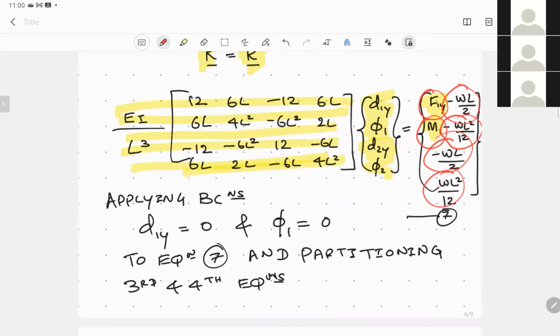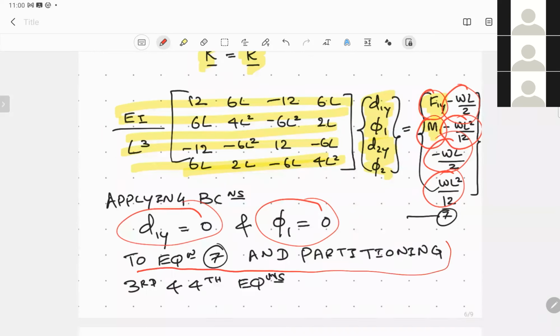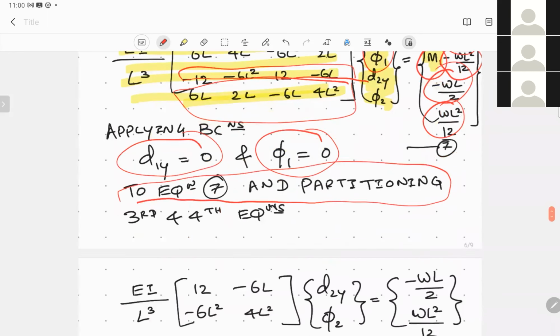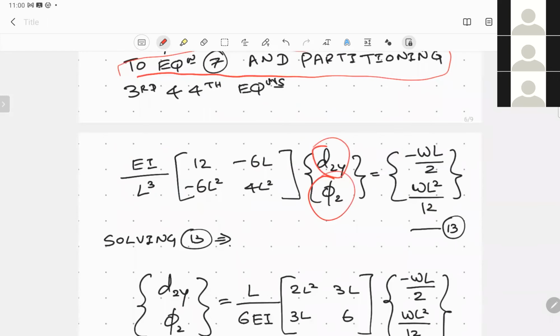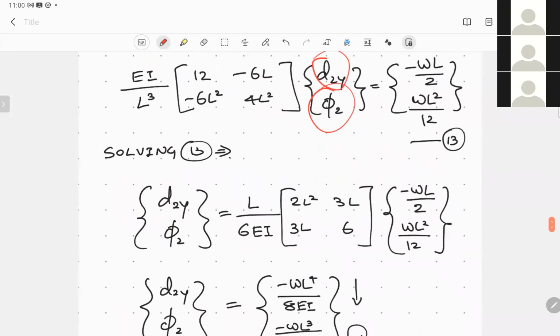Once you substitute the boundary conditions at node number 1, there are no displacements or rotations because it is fixed. Once you substitute these boundary conditions and partition the equations, you end up getting the displacement at node number 2 as well as the rotation at node number 2 by solving these equations.